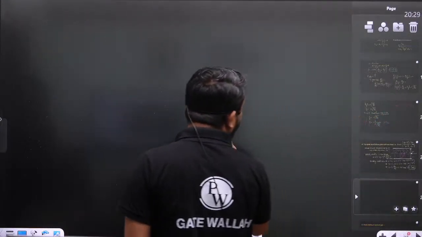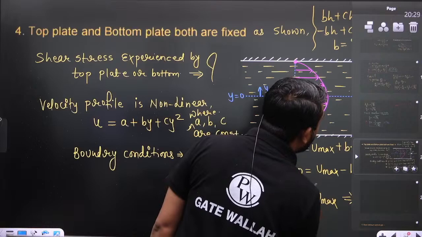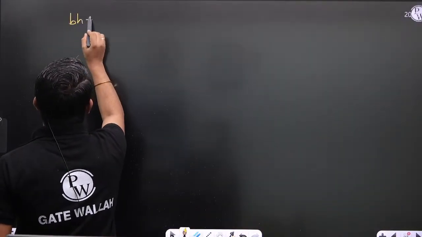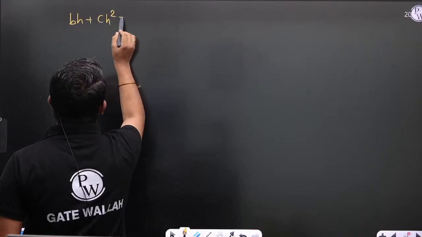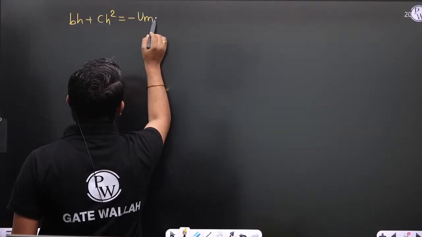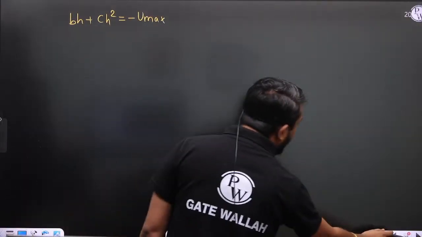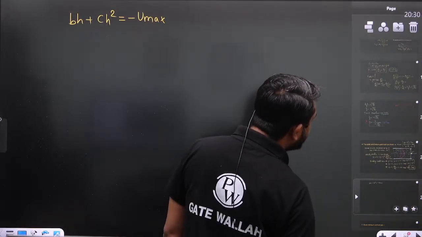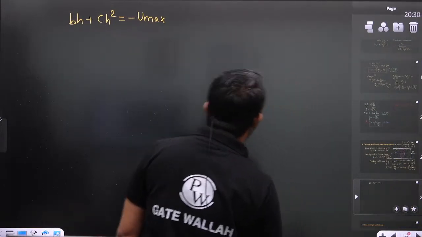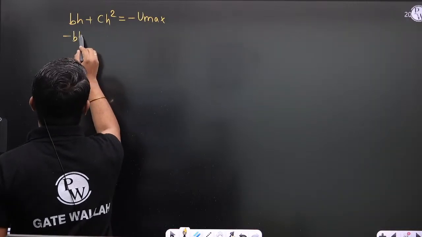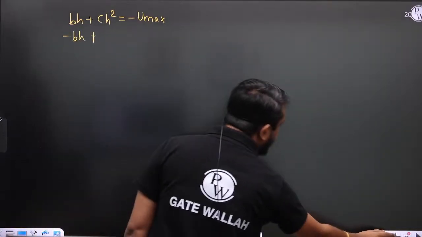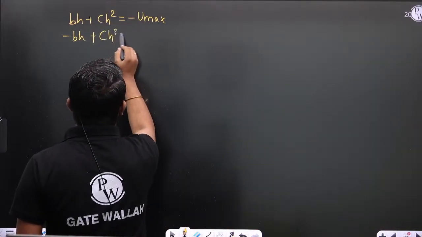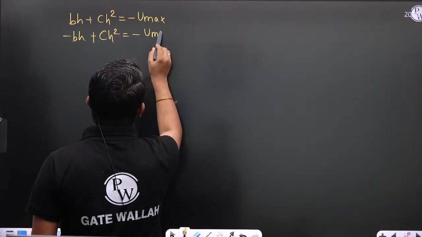We have bh plus ch square is equal to minus u max, and minus bh plus ch square is equal to minus u max.